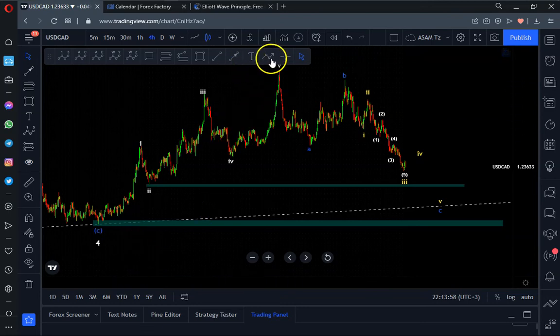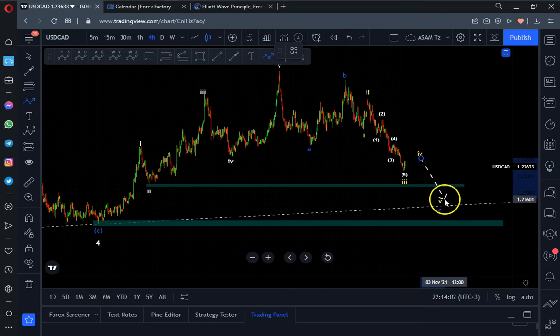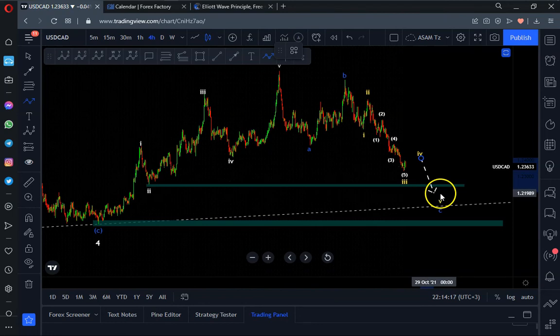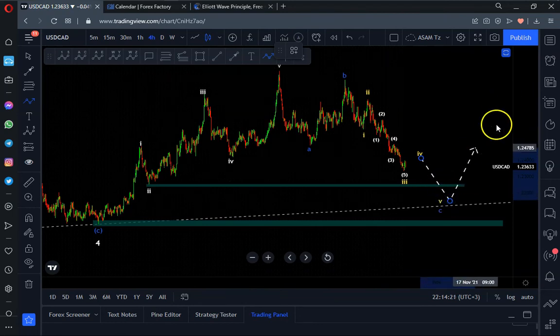So the market can move at any depth to the downside, but it must not move beyond this level. It must not move beyond this level. We expect it may move beyond the area I have marked based on the depth of correction, and then turn to the upside.